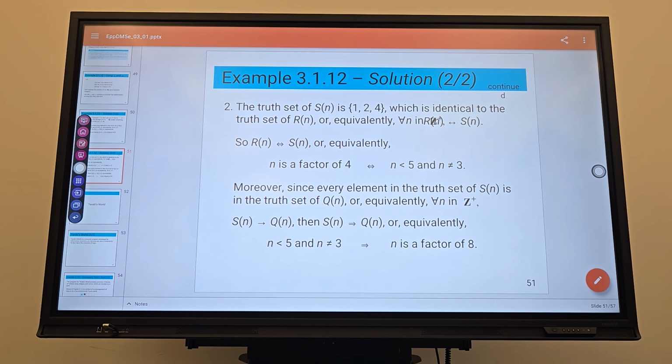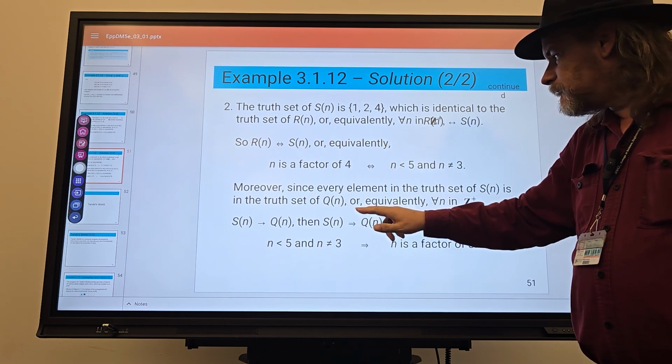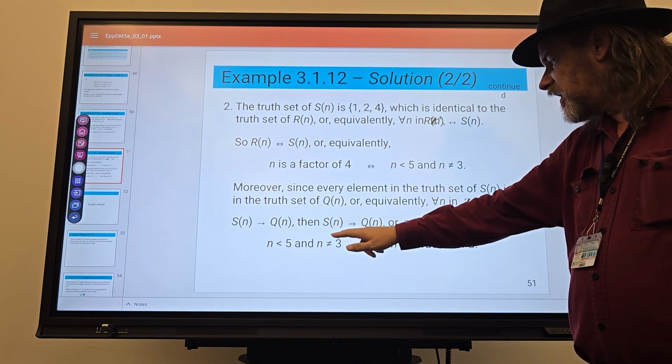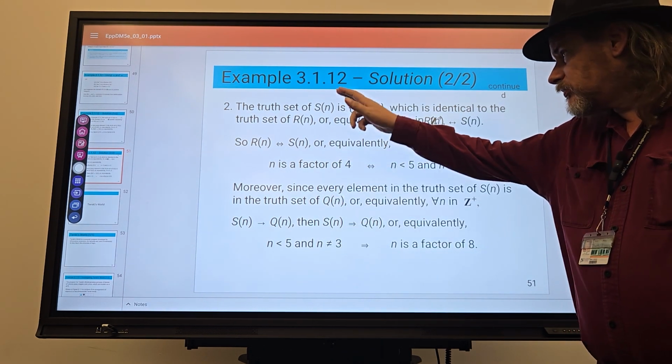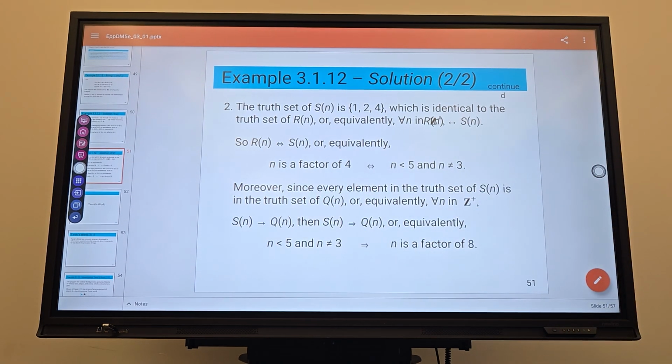And since these two are equivalent, you can substitute this for this, and from number 1, have the right pointing arrow pointing to n is a factor of 8.